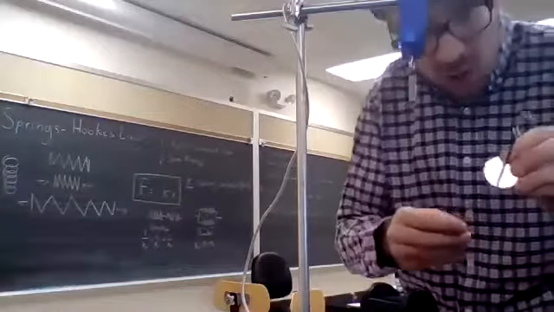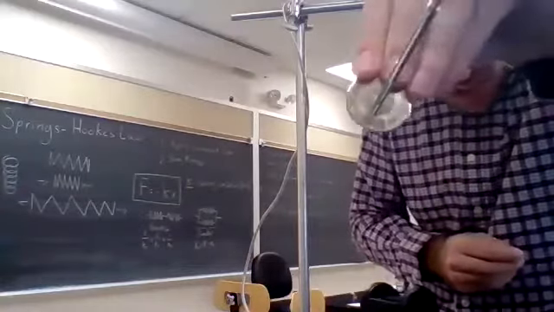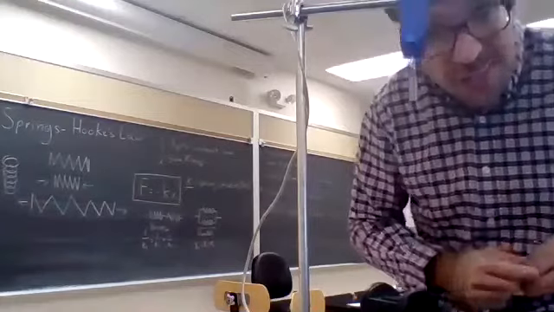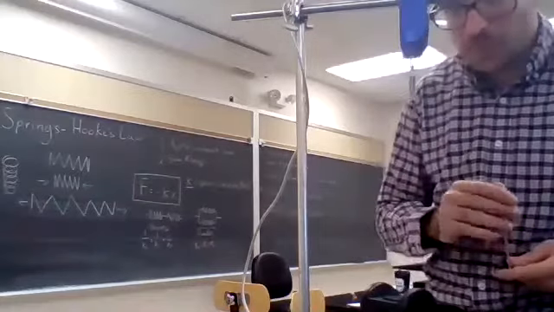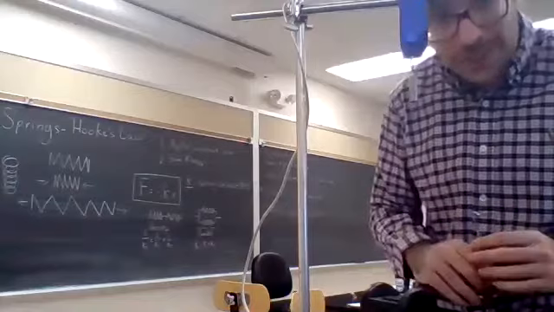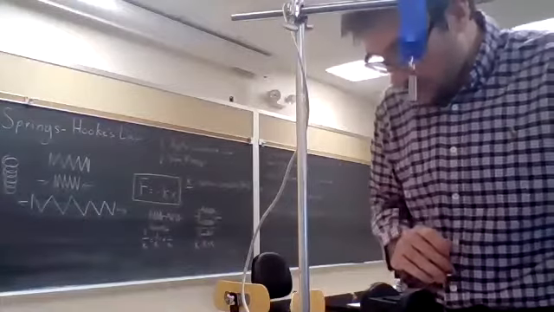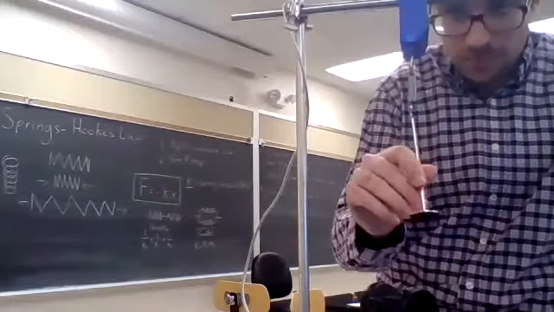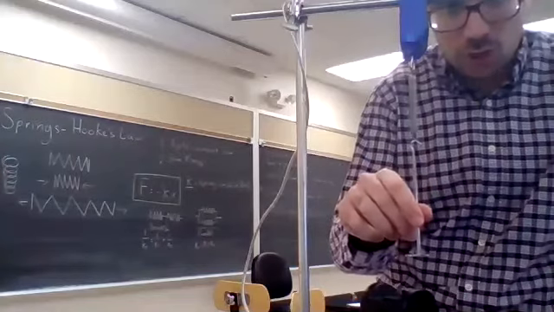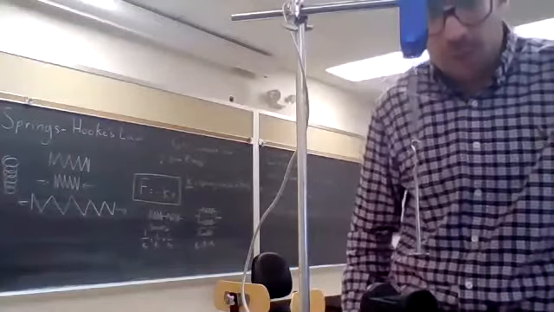Now, just so everyone knows, this mass holder is 25 grams, so you'll want to write that down. 25 grams for the mass holder, and we'll just suspend it from the spring like that.